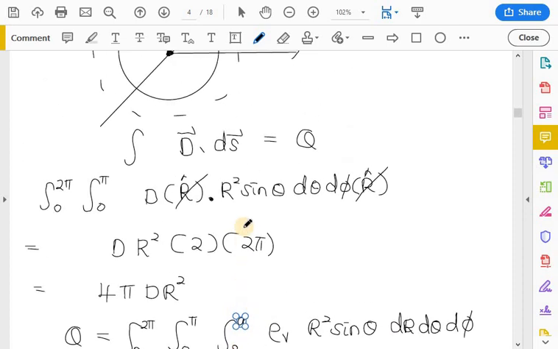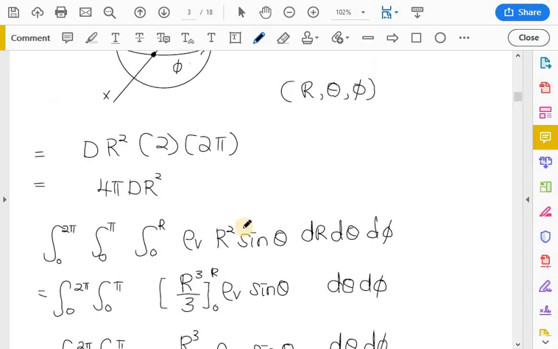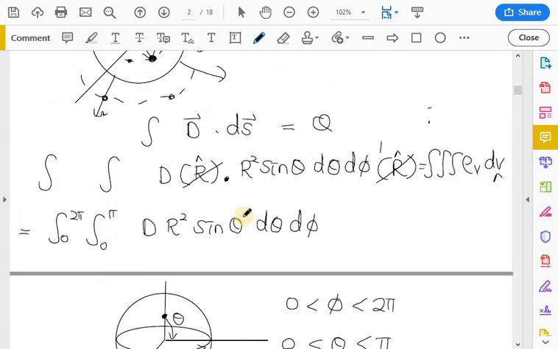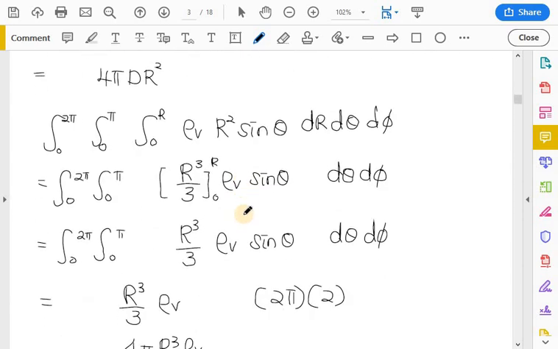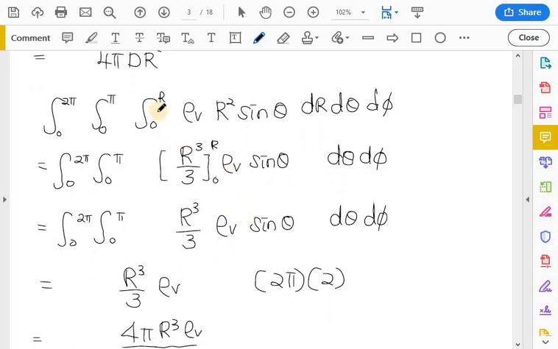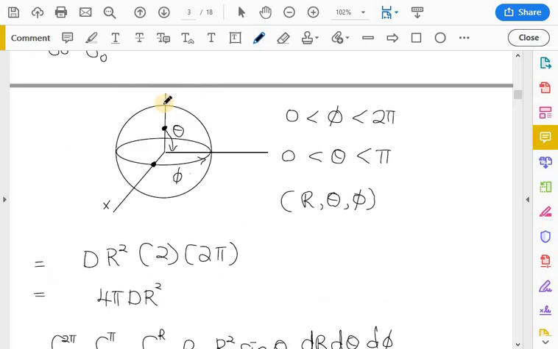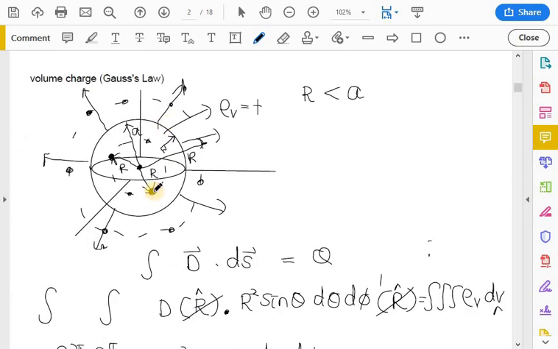But what about the other case just now? Just now we have this one, right? When we do the right hand side, I put it from 0 to R because my observation point R is less than the value of A. So if I put my Gaussian surface to be smaller, the total charge enclosed by this Gaussian surface might be less, so it depends on the value of R here.